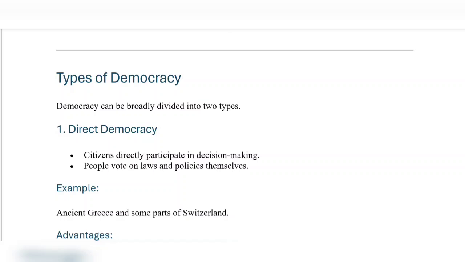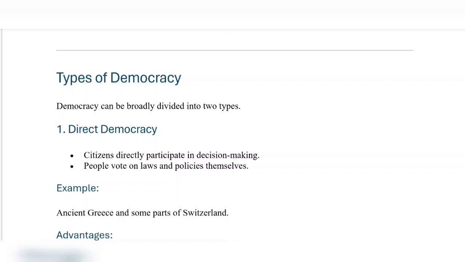Why? Because every country has a huge population. And if we talk about India, it is the most populous country. So, why is it not possible? Because of its huge size, huge population, we cannot sit together. It's not possible. So, we have chosen to divide democracy into two types.